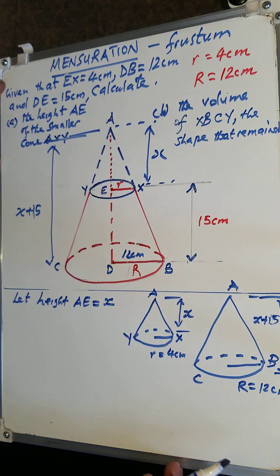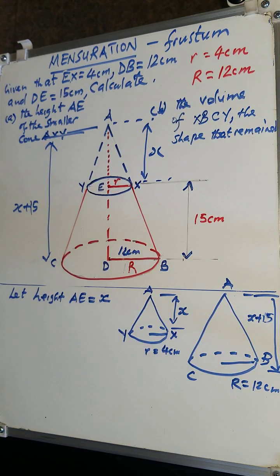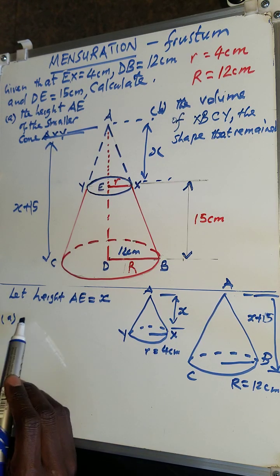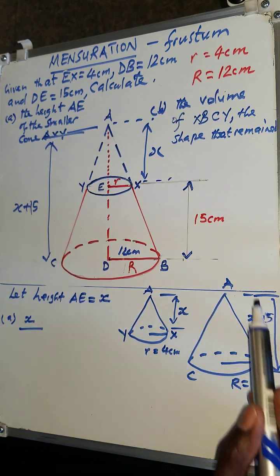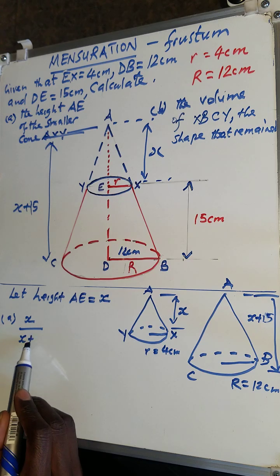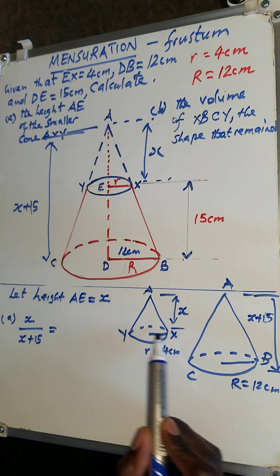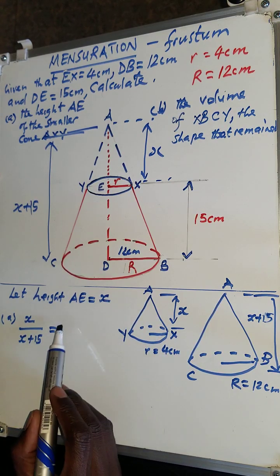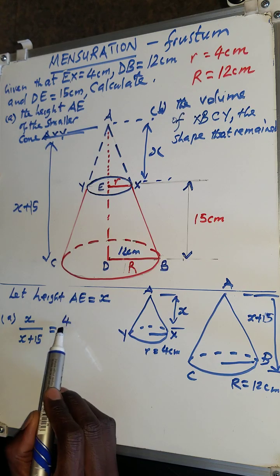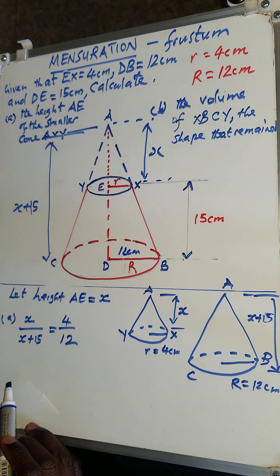All right. So now we can use similarity in order to find the value of X representing the height. I'm going to start with the smaller one: the height of the smaller cone over the height of the whole full cone, which is X plus 15, should be equal to the radius of the smaller cone, which is 4, over the radius of the bigger cone, which is 12.